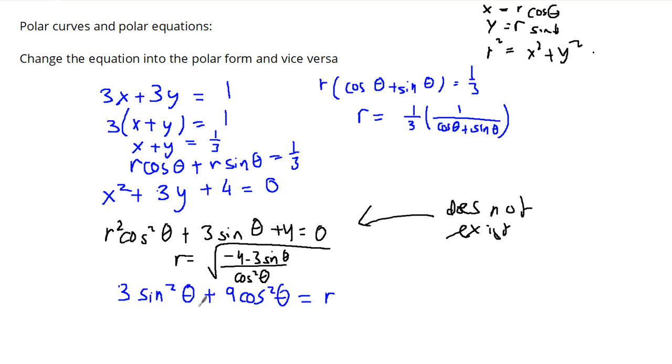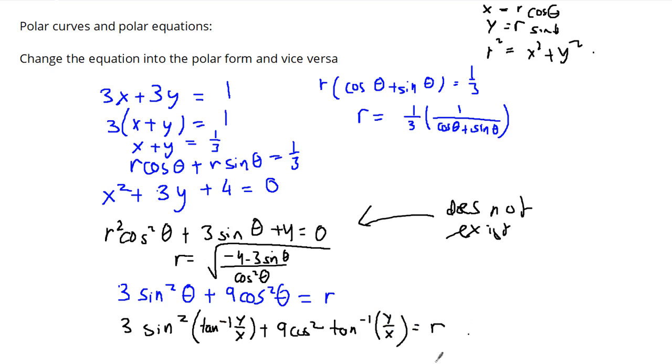So what we could do is put this as 3 sine squared of tan inverse of y over x plus 9 cosine squared of tan inverse of y over x plus r equal square root of x squared plus y squared. Pretty sure there's a better way to do that, but that's the best way I can do it right now without wasting all of your time.